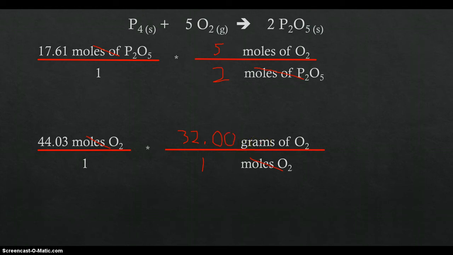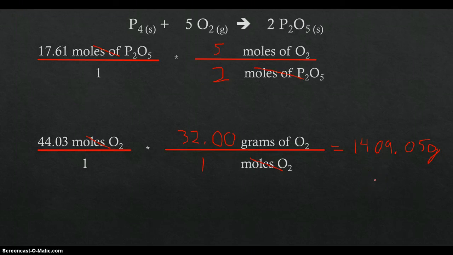So then I go ahead and do my math from there, and I should end up with an answer that's equal to 1,409.05 basically. And again, this is grams, so I want to put my units in there. Never forget to put your units, and specifically grams of O2, and I am done.